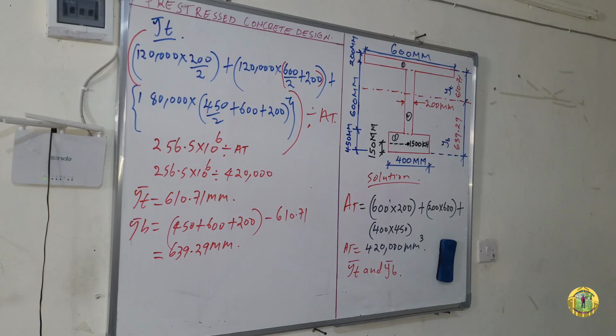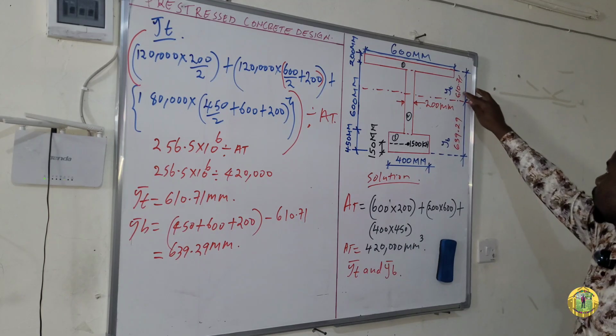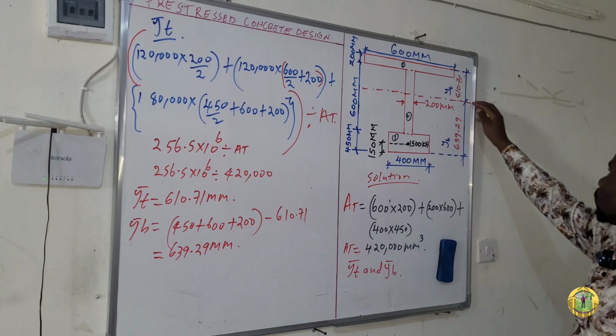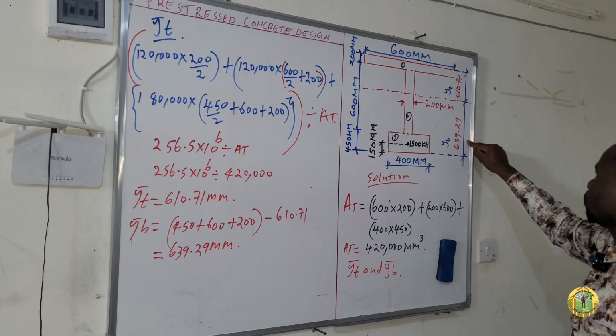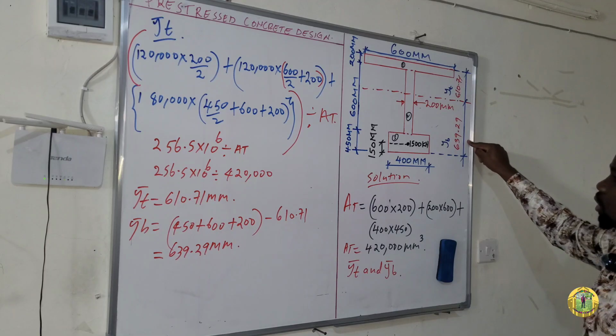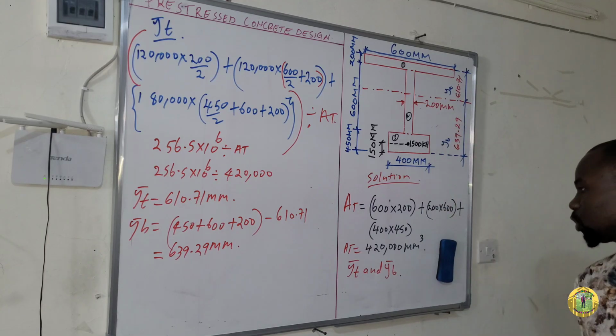So this is the y top from here to here, which is 610.71, and from here to here is the y bottom, which is 639.29. So that is how we calculate the centroid of this section.